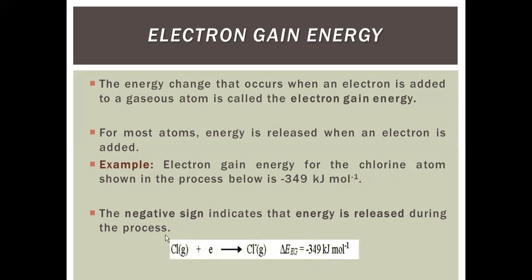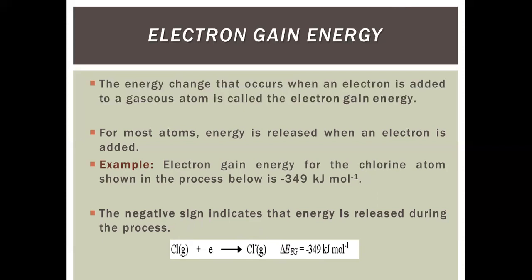So what is the definition? The energy change that occurs when an electron is added to a chlorine gas atom is called the electron gain energy of chlorine. The value is minus 349 kilojoules per mole.